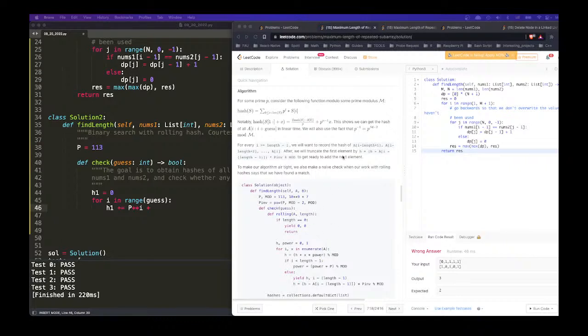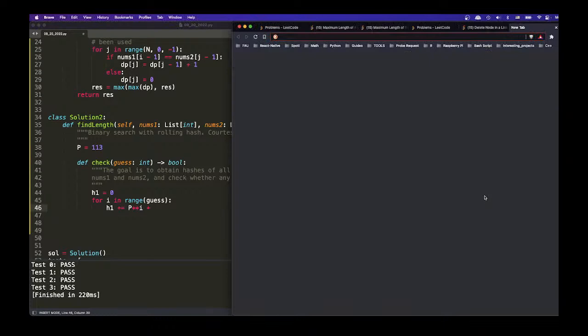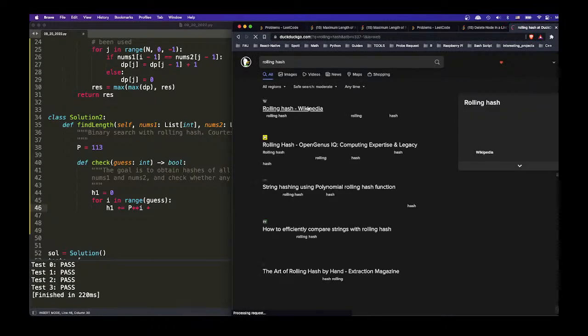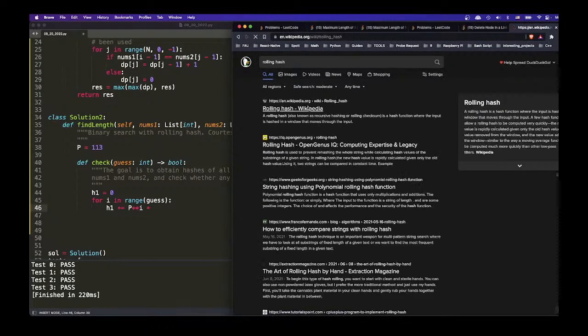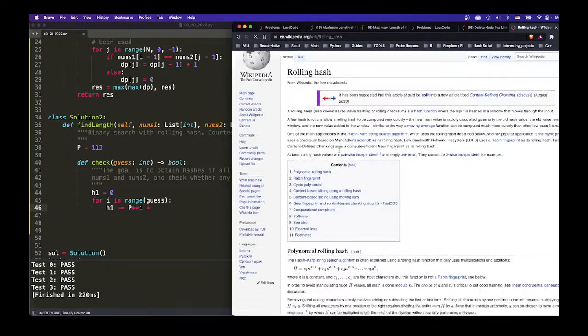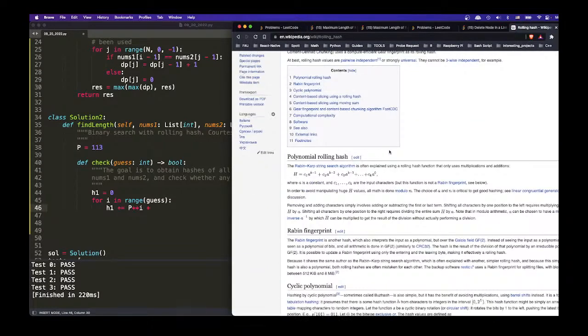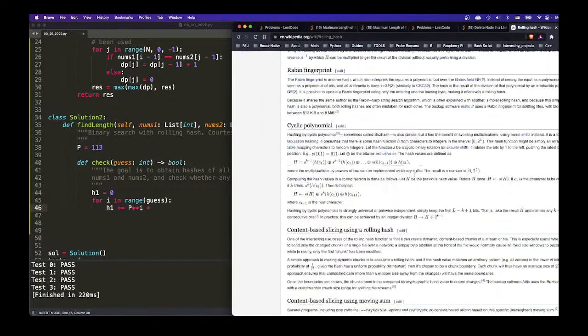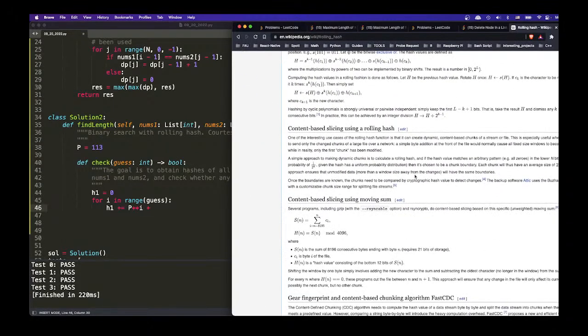What is this n? Alright, we need to learn a rolling hash. I mean, we learned it in the past. Just kept forgetting, because I don't use it. Okay? I just don't use it. This is not helping.